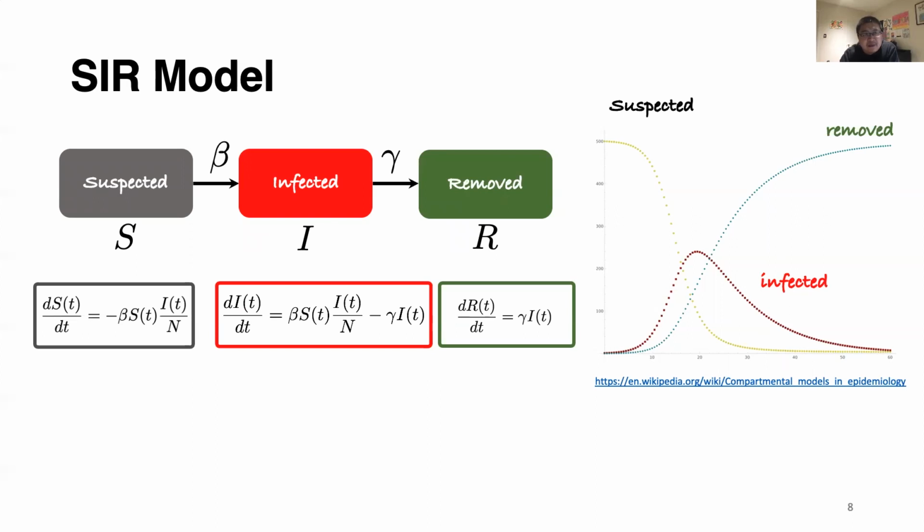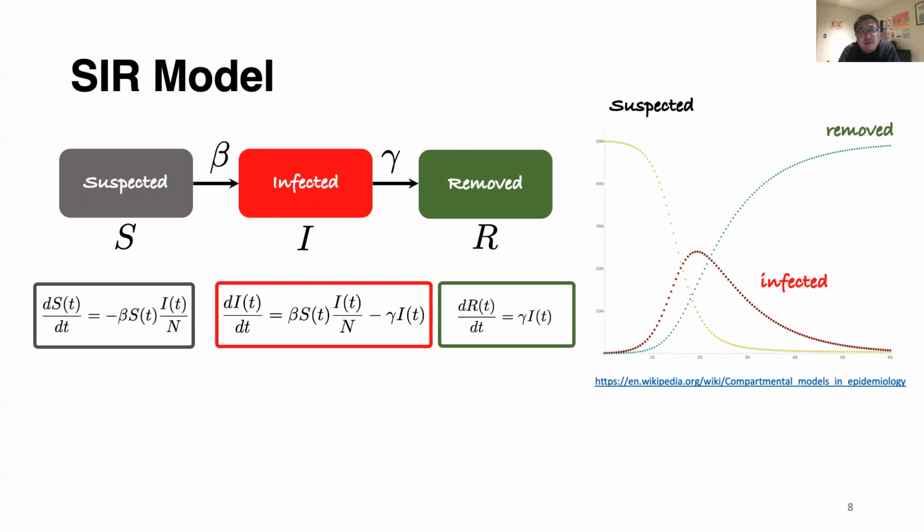Here, the three ordinary differential equations characterize how the transitions happen. The first, gray equation describes the fact that through the interactions between the susceptible and the infected, the size of the susceptible population is becoming less and less.